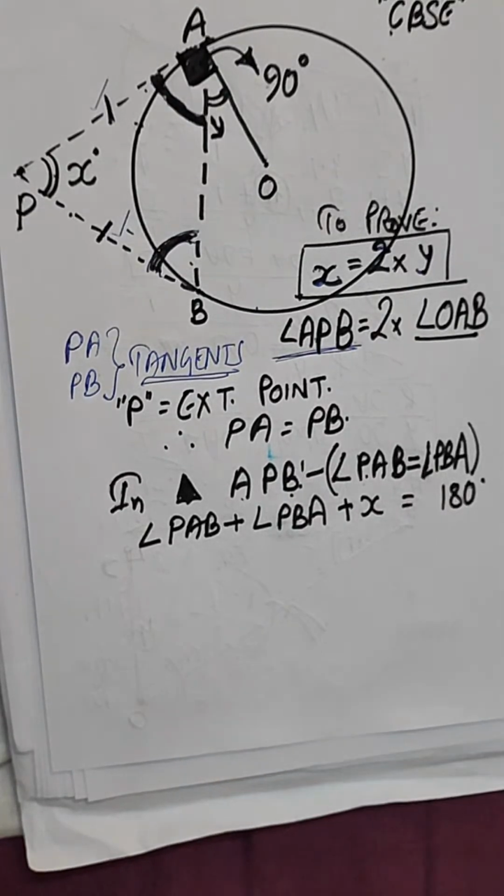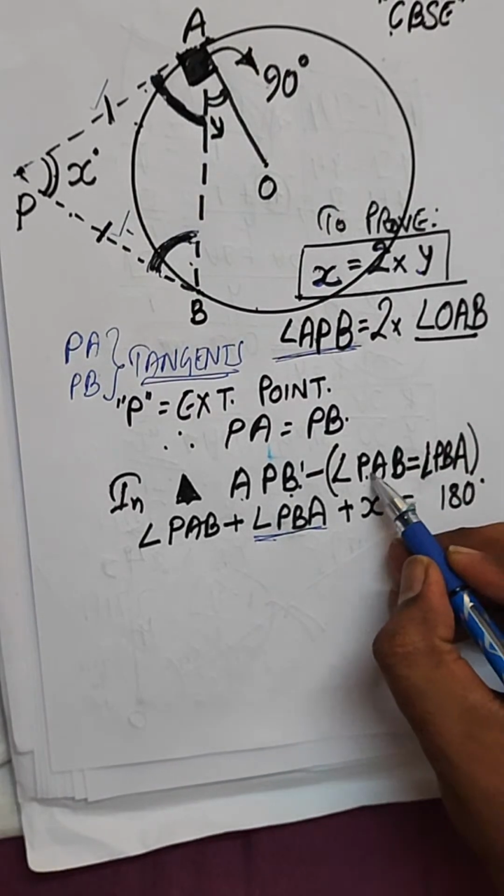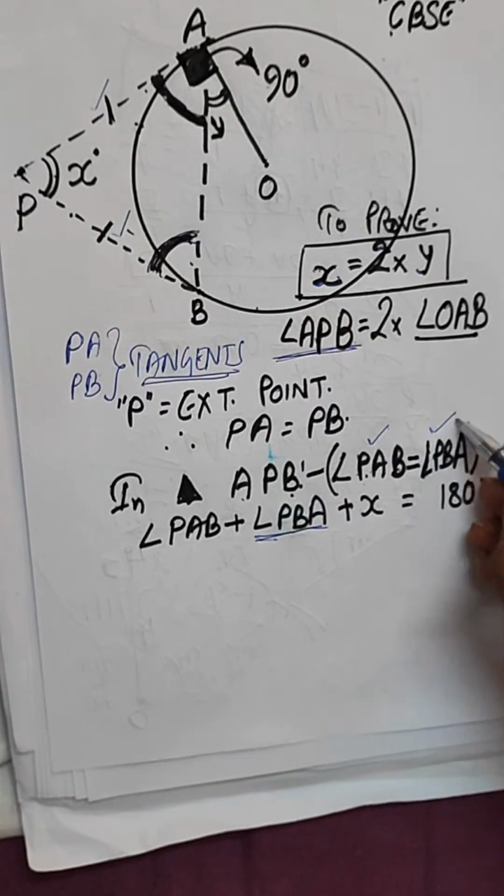In place of PBA we can write PAB, because both angles are equal.